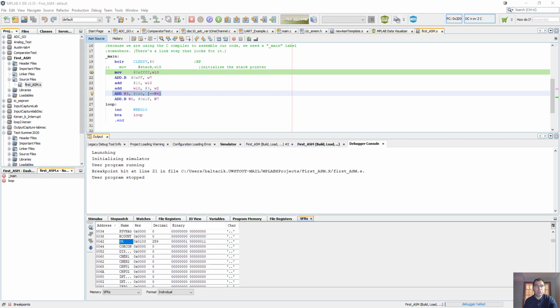I would like to mention one more thing about special function registers, I mean, status registers. When you see the status registers and their status bits, you have the carry bit, zero bit, overflow, negative, and digit carry or decimal carry.